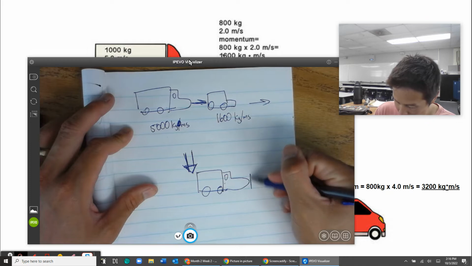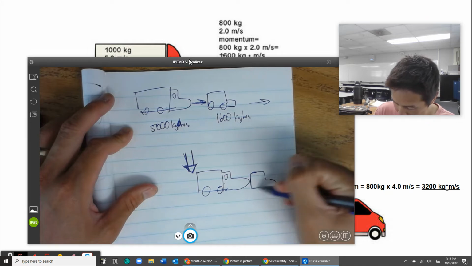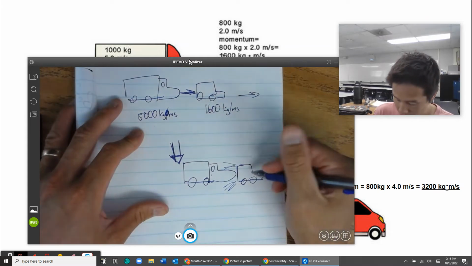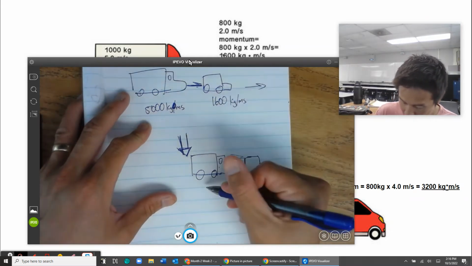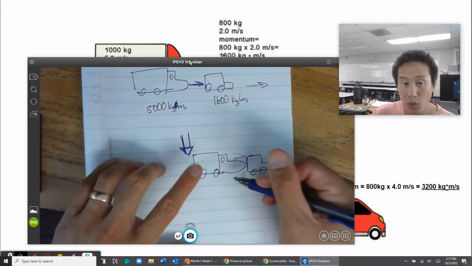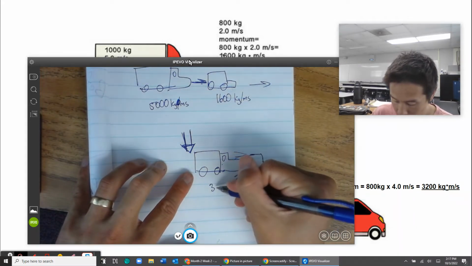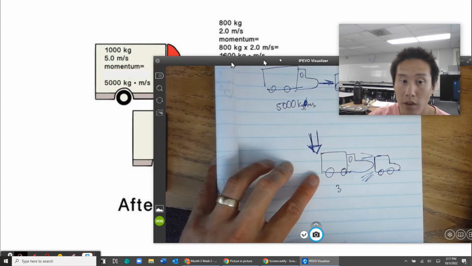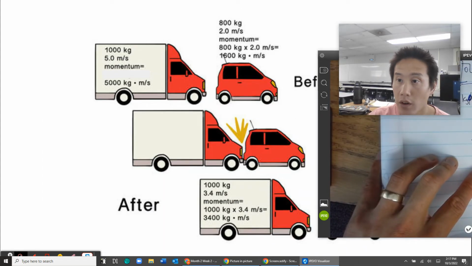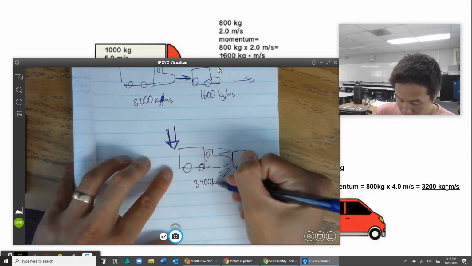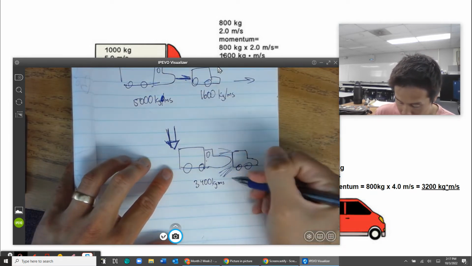Now this truck kind of slowed down, but this car is going way faster now, right? And now its new momentum was what? It was 3,200, or no, let me see. Its new momentum was 3,400 kilograms times meters per second.